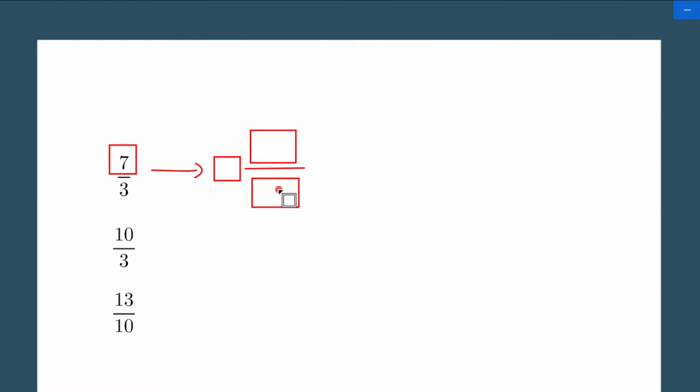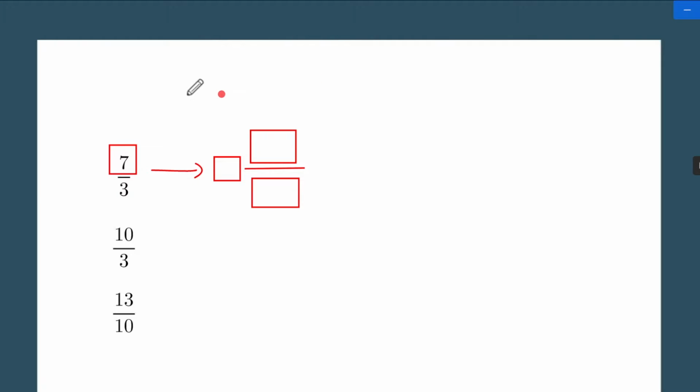So an improper fraction represents, for example, if you think about pizza, more than a whole pizza. It represents at least one pizza and a few more slices. So that's what this number means. It means there's more than one pizza here, but we don't know how much. We have to calculate.